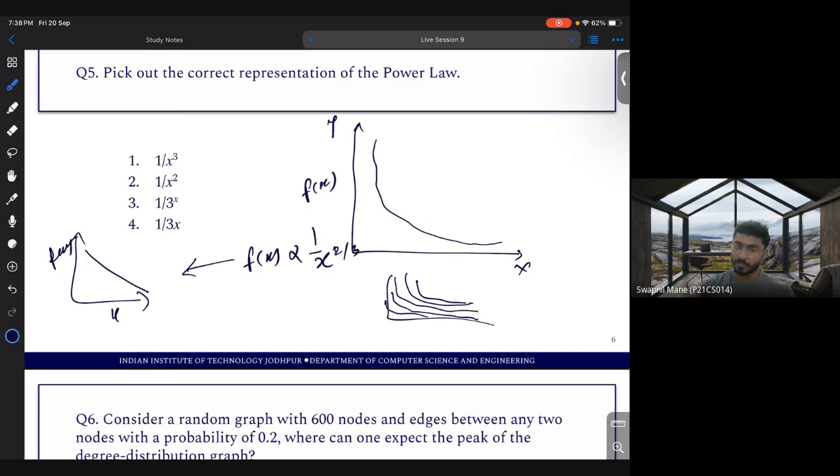If the sharpness is in between, then that particular distribution follows the power law distribution, and this has been evaluated in research.